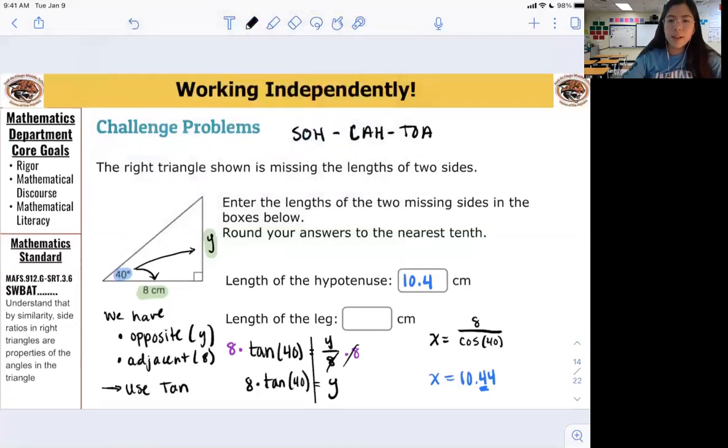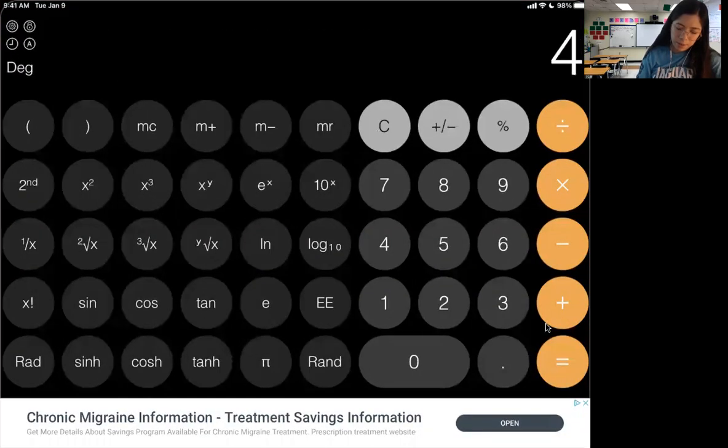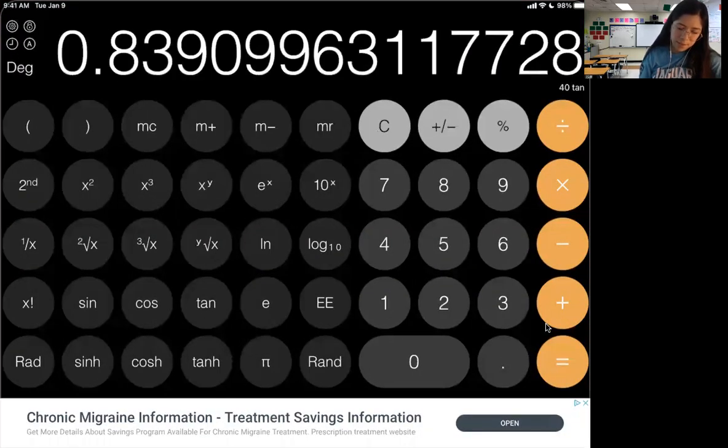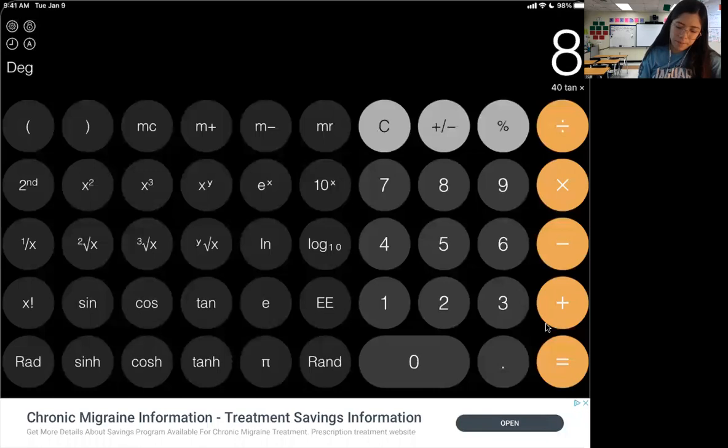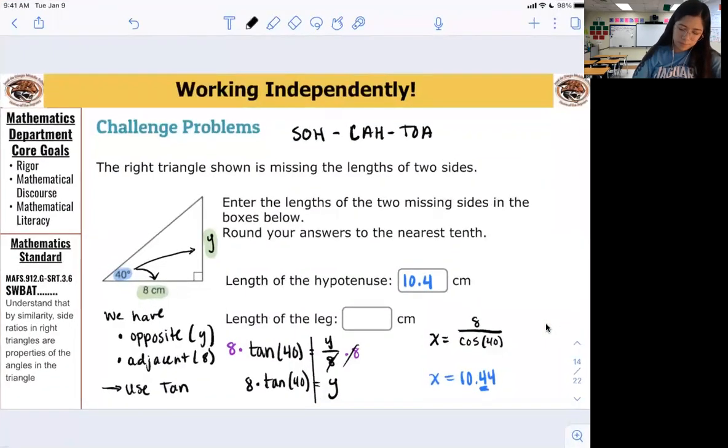So I go to my calculator, type in 40, find the tangent, and multiply it by 8. And we get 6.71. To the nearest tenth, what would that be? 6.7. Good.